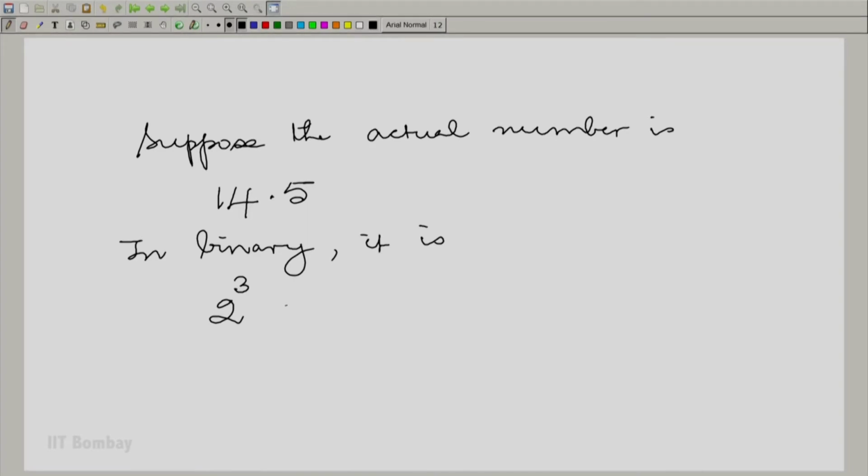It will be written as 2 raised to the 3, that is 8, plus 2 raised to the 2, that is 4. So, 8 and 4 makes 12, plus 2 raised to the 1, that is 14 for you, and then you have 2 raised to the minus 1, plus half. Essentially, you have written it to the base 2.